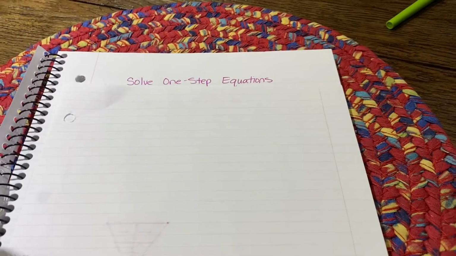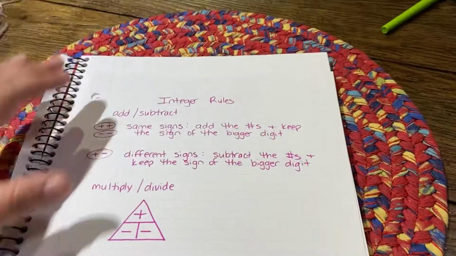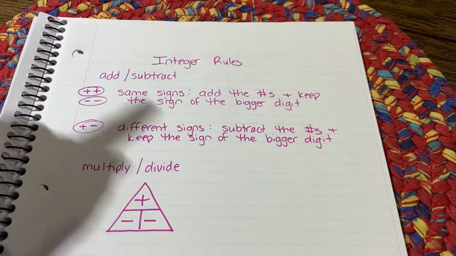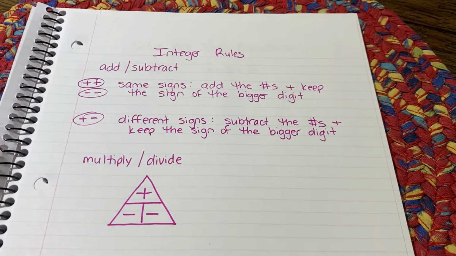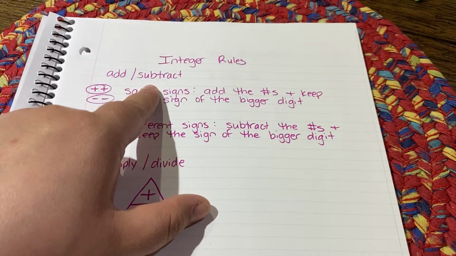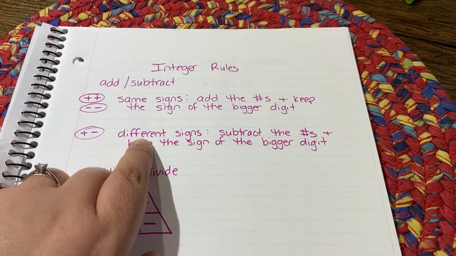But before we get started on the actual examples, I want to talk about the integer rules that I made a video over last week, I believe. You need to remember these rules because they are going to come into play whenever you're solving one-step equations. So remember our rules for adding and subtracting are the same rules. We're looking for signs that are the same or signs that are different.